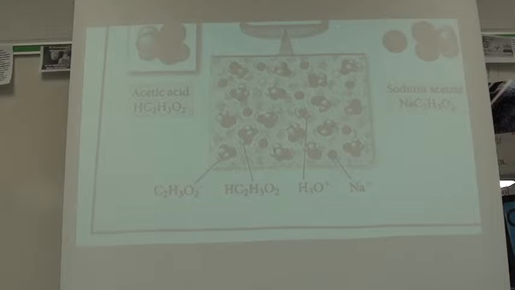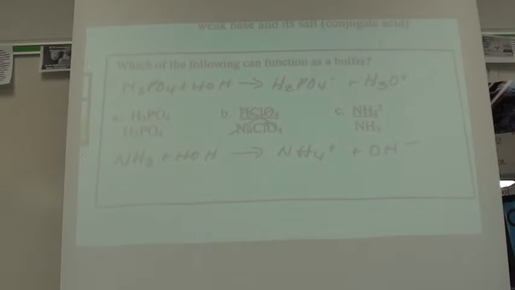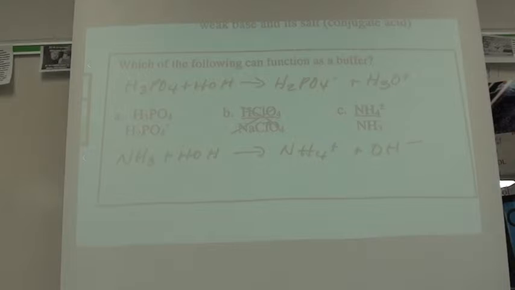Let's look at the two buffer systems that we have outlined here. Here's our weak acid and its conjugate base. You have to look at this and say which member of this duo will defend against a strong acid.